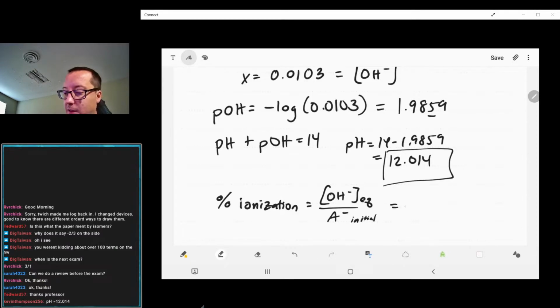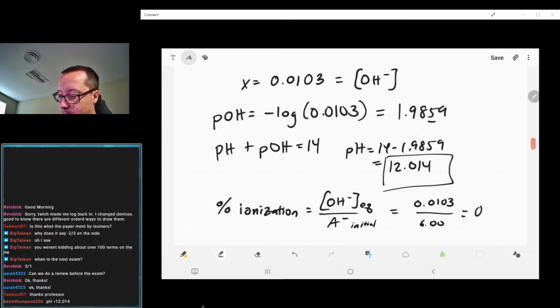And so that would be the 0.0103 over 6, which is 0.17%. So very small percent ionized here.